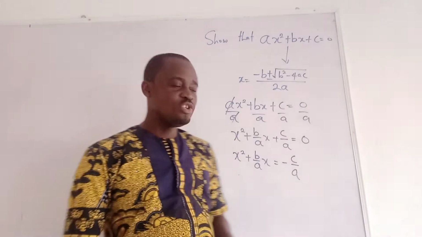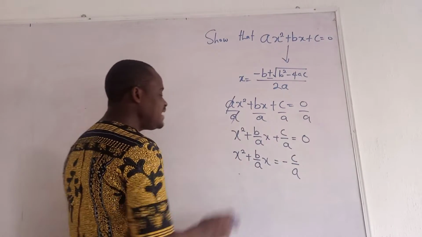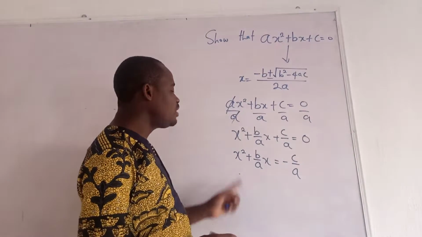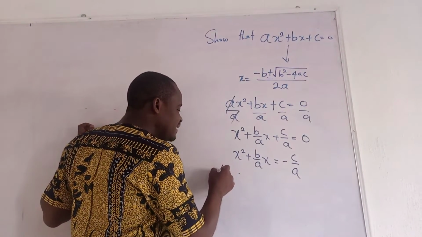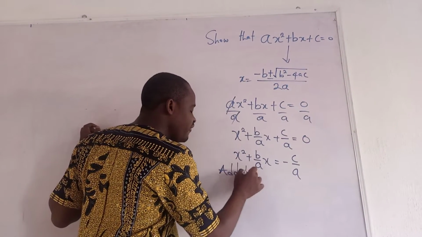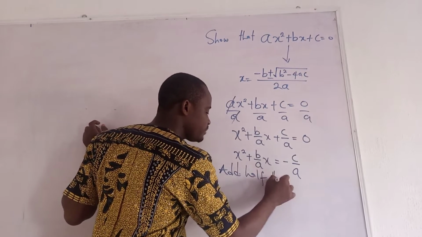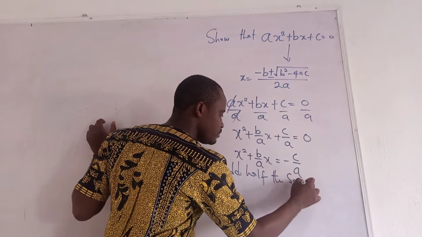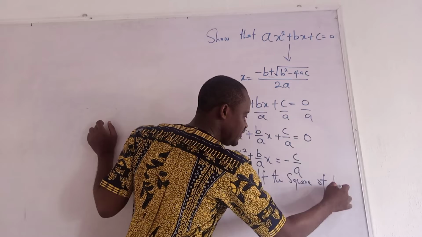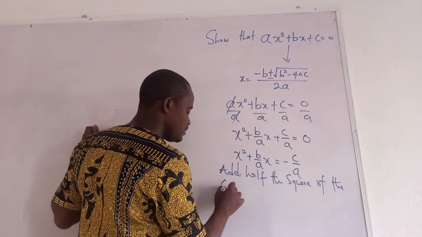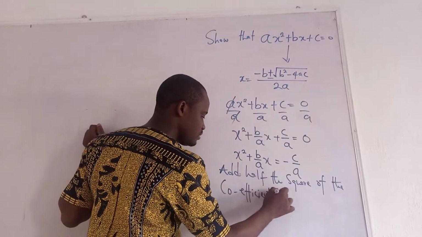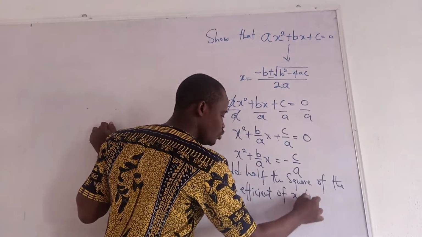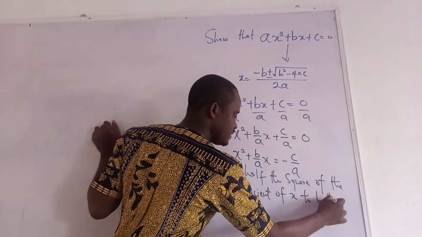Now the next thing you do is add half the square of the coefficient of x to both sides.